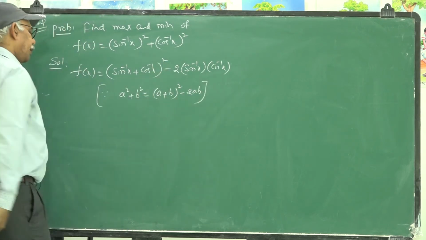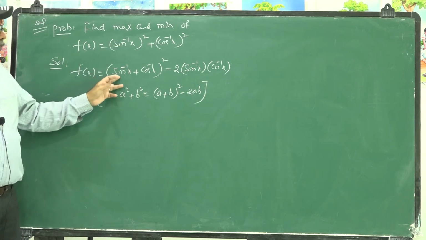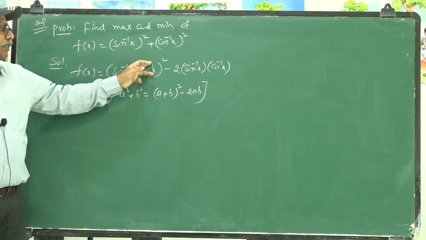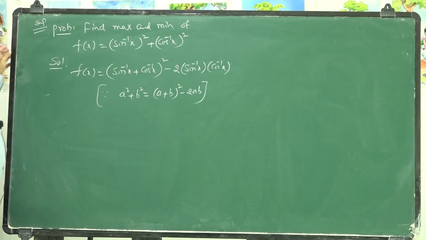Using this algebraic identity, you can write the given function as (sin inverse x plus cos inverse x) whole square minus 2 sin inverse x into cos inverse x.